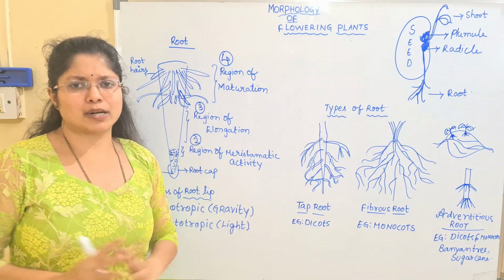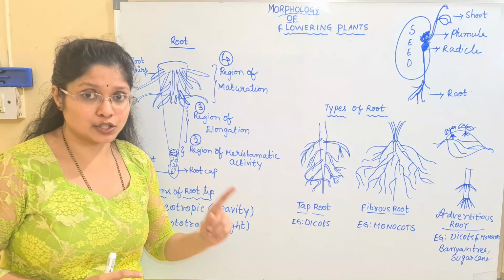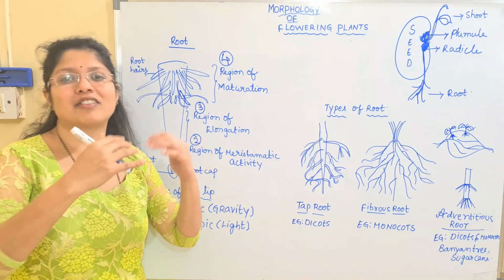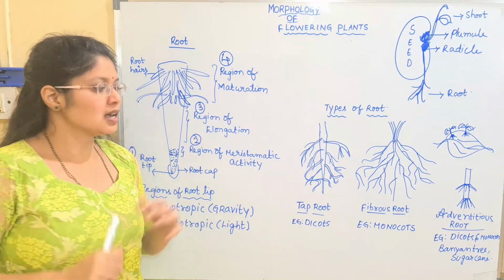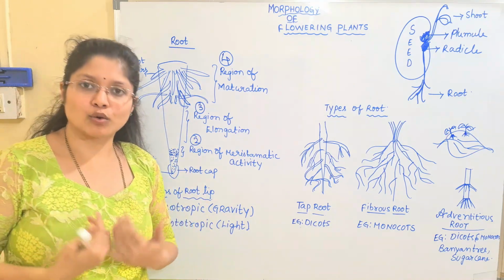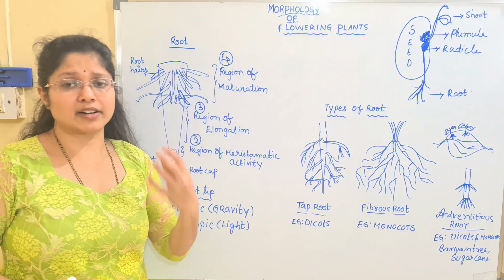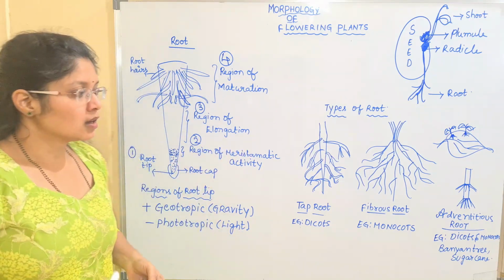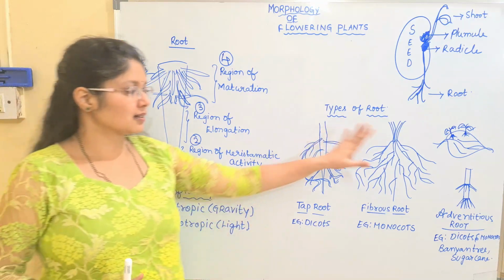So all the fibrous roots are adventitious roots, but not all the adventitious roots are fibrous roots. Don't get confused, children. Simply remember, fibrous roots are also called adventitious roots, because they are arising from the base of the stem. Clear with this concept? Yes. So these are the three types of roots.